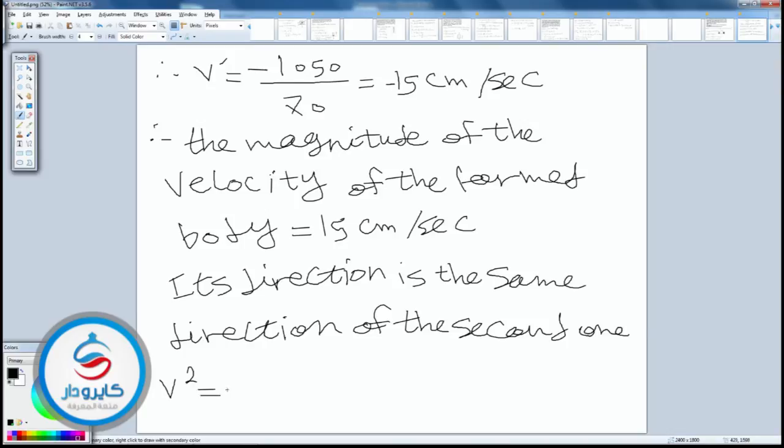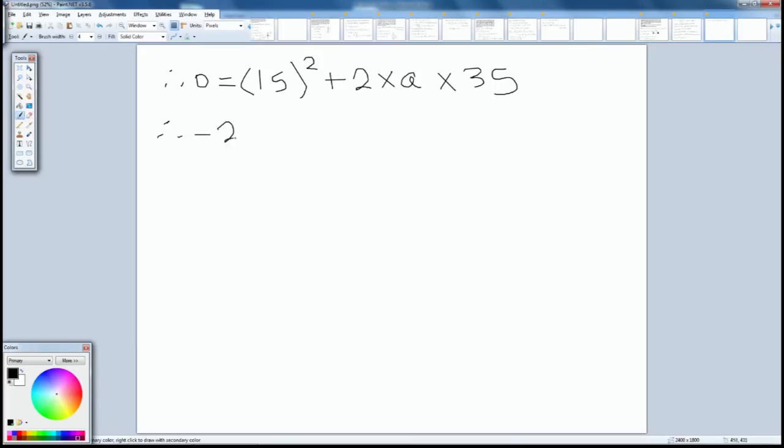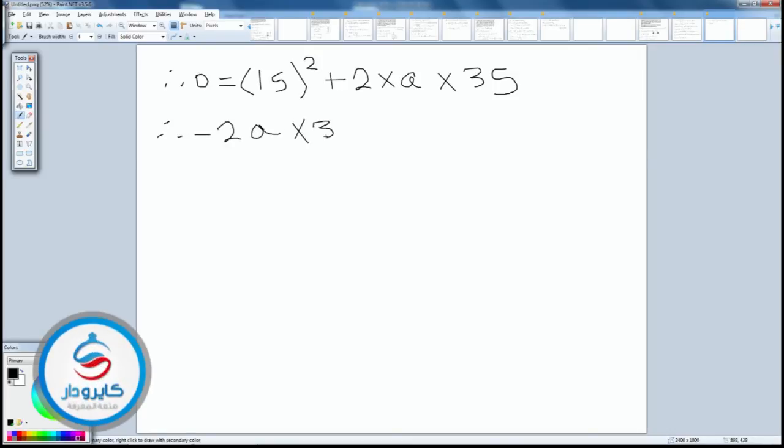V squared equals U squared plus 2AS. Therefore, 0 equals 15 squared plus 2 by A by 35. Therefore, negative 2A by 35 equals 225.